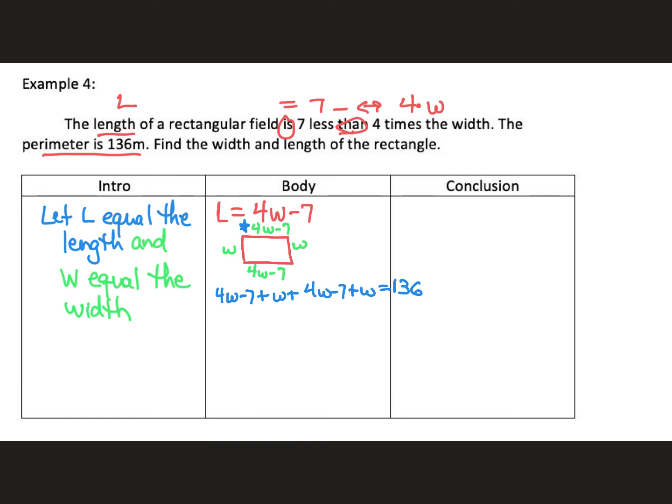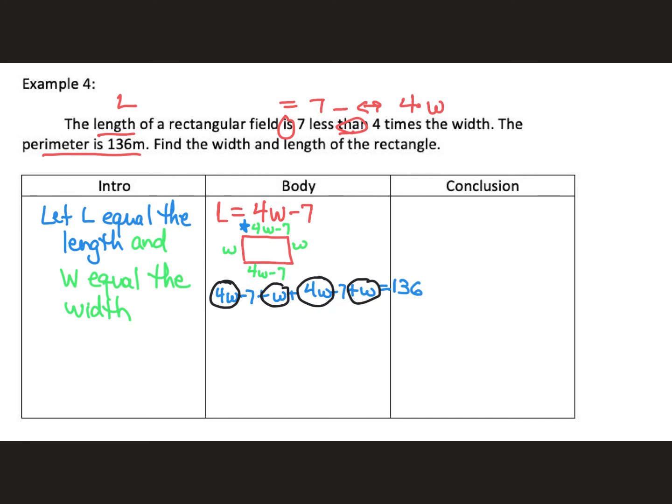Now from here, we want to combine like terms on the left-hand side. So I have 4W, I have W, I have 4W, and I have a W. So remember, in this group there's 4, this group there is 1, this group there is 4, and this group is 1. Let's add them all together.